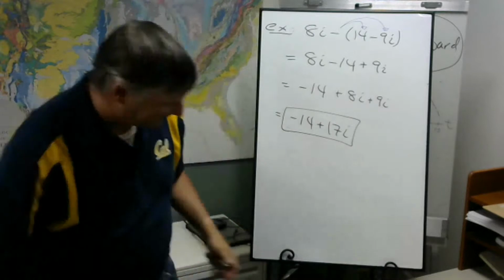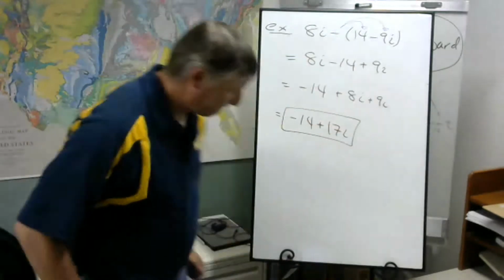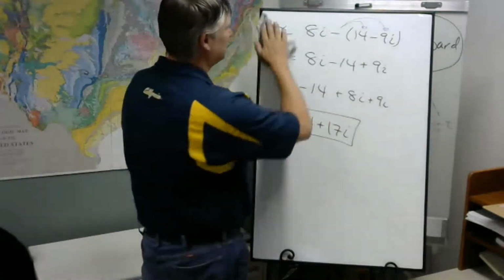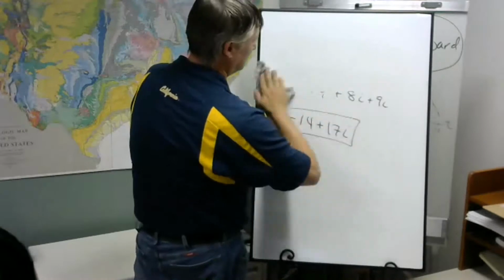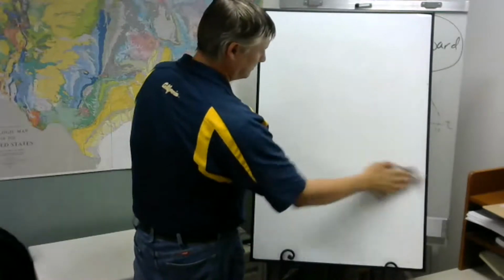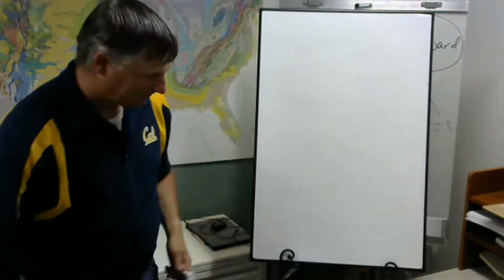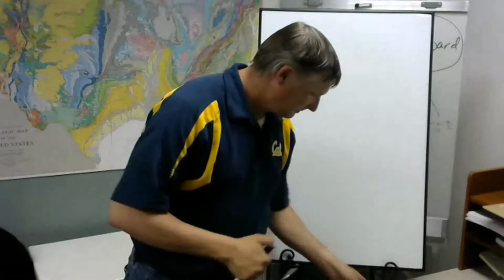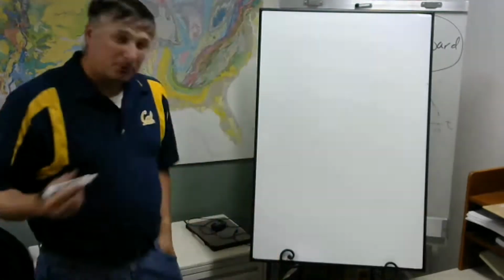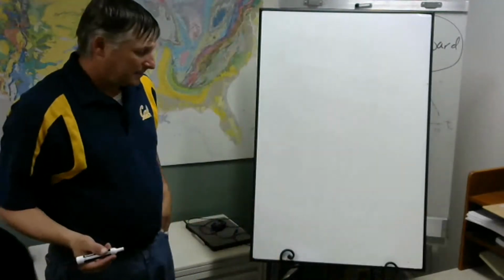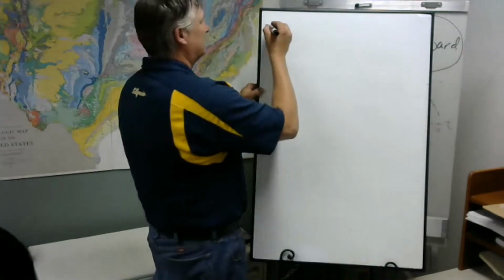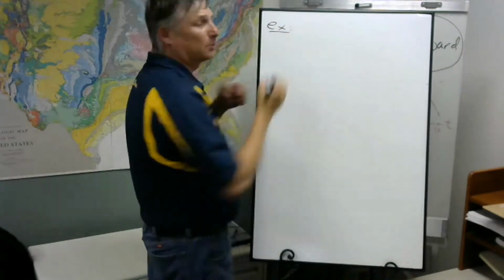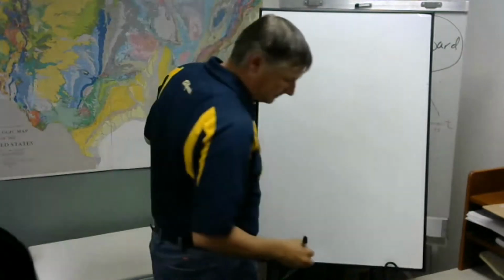All right. So next we're going to look at multiplication. And the thing with multiplying two complex numbers is we're going to end up doing FOIL.